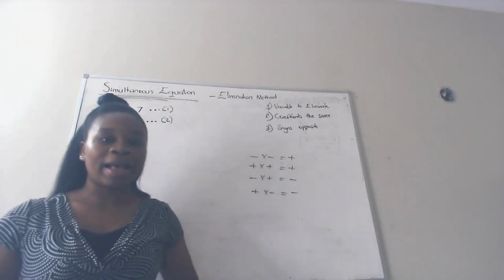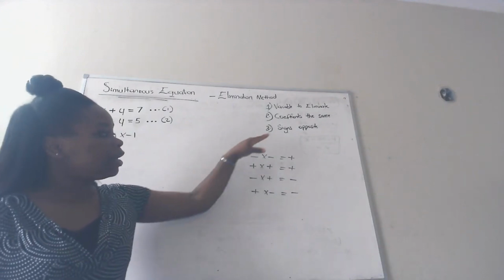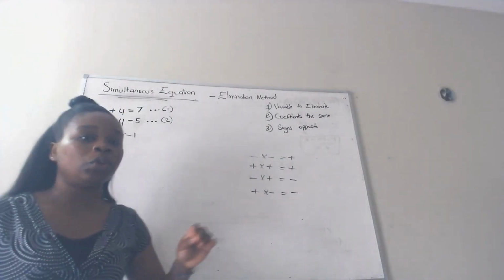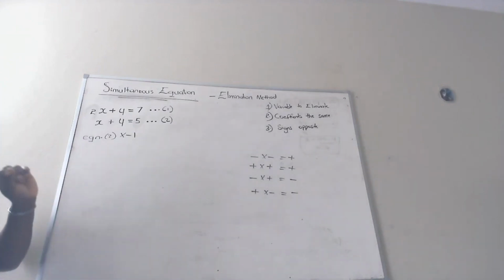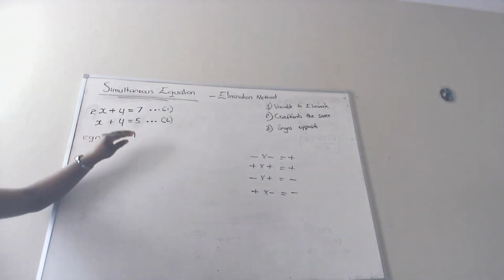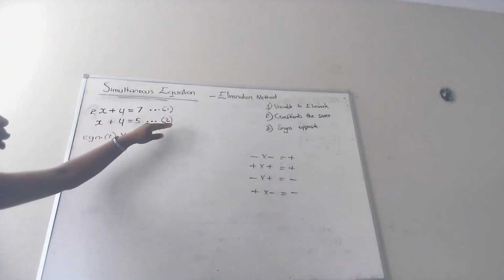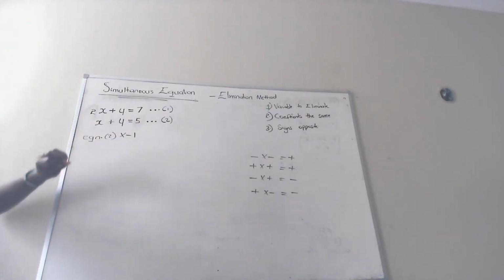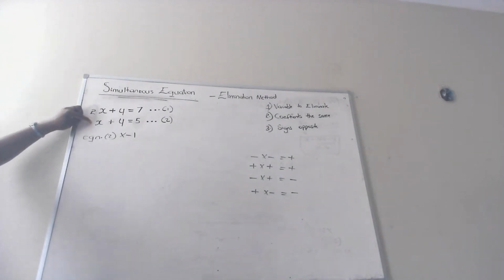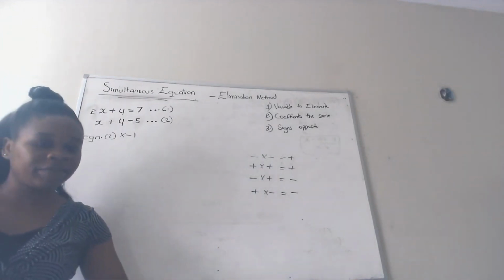This is something as a math student you must know, because if you don't know this, you won't be able to do this. So we will multiply this minus 1 by everything in equation 2. The first term in equation 2 is x. Notice there's no sign in front of x.